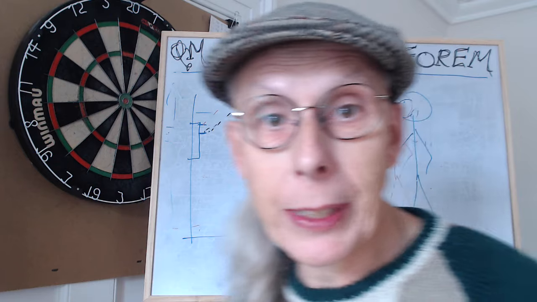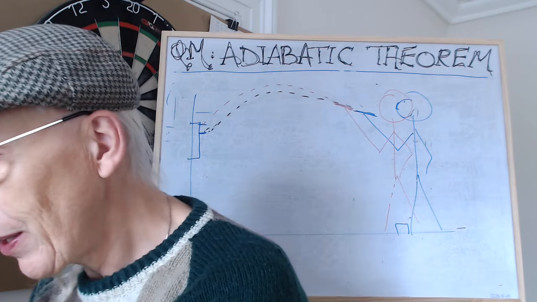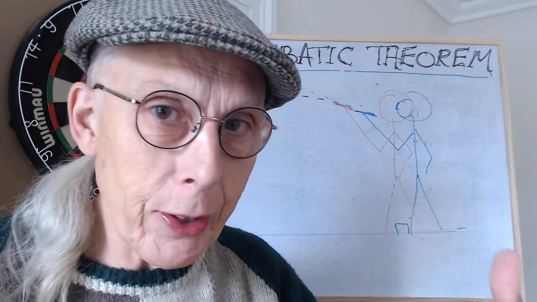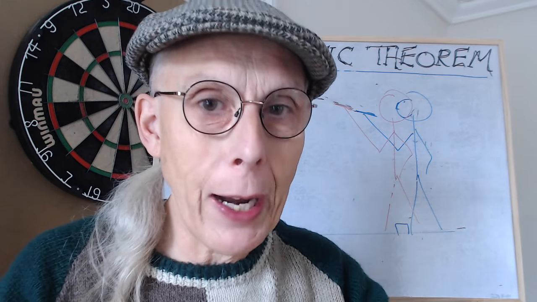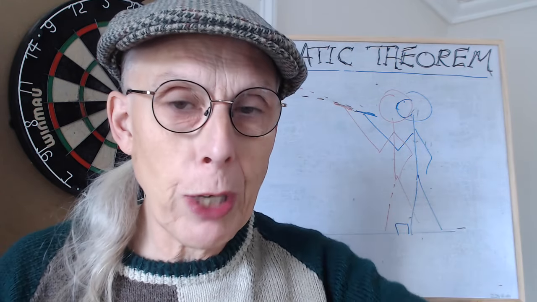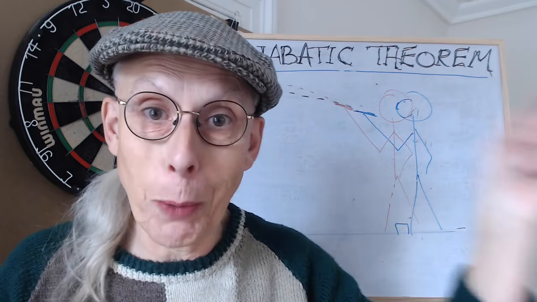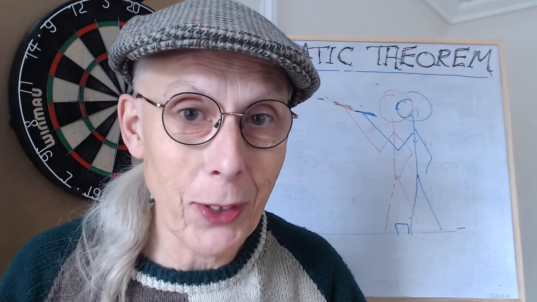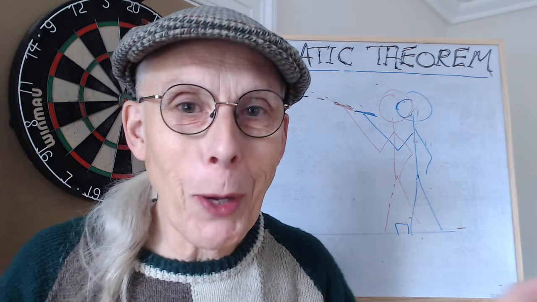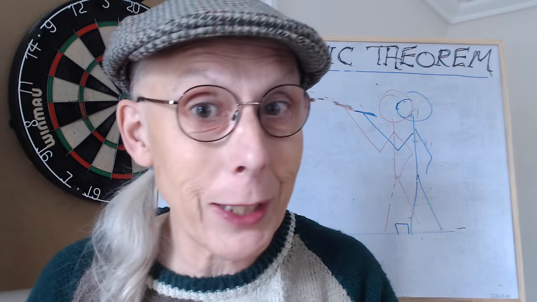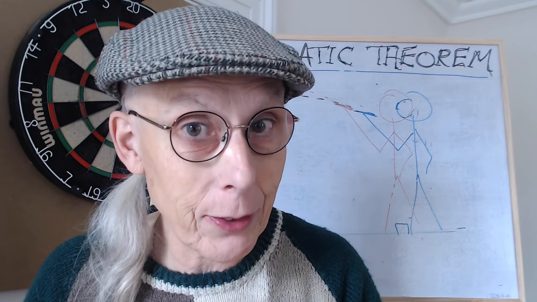They're going to hit double 20. They're going to hit tops. This is the whole point. If you step forward of the oche by a certain number of inches, depending on your height and your action, and you do your treble 20 throw that is your ground state, you are going to hit tops. And you're going to say, well, that's no good. I'm not allowed to step in front of the oche when I play. True, but you are allowed to step in front of the oche when you practice.